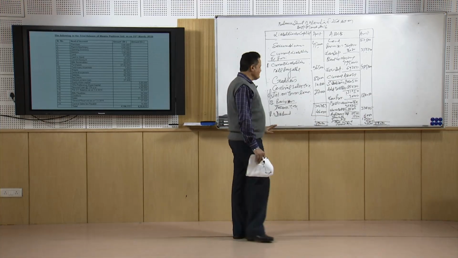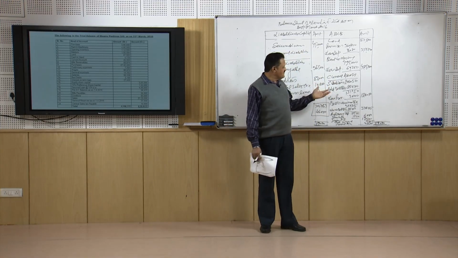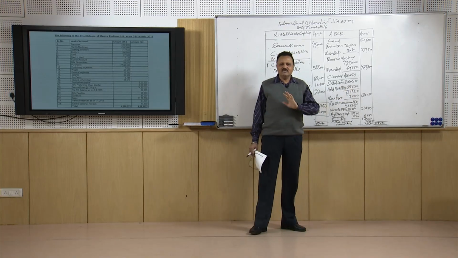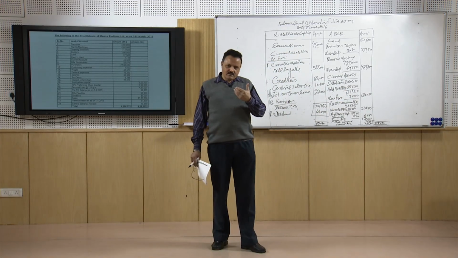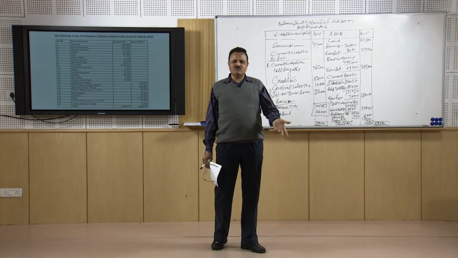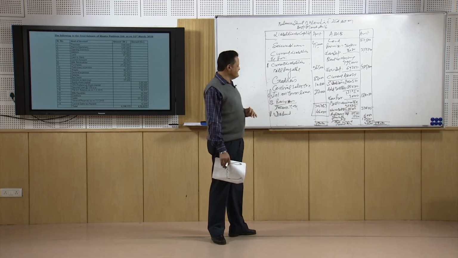They said that we will not make any payment, and they have denied making the payment. So this bill had become dishonored. Dishonored means when on the due date, the bill is presented by the selling company to the buying company and the buying company refuses to make the payment, that bill is considered as dishonored.